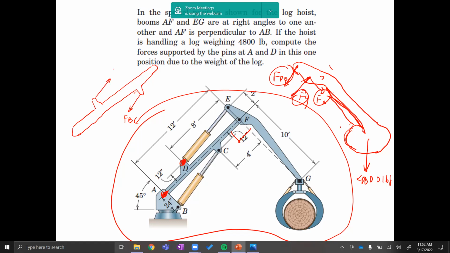Yes, AX and AY, sir. Supposed to be action and reaction with this one. Okay, FDE. What else? AX and AY. As usual, I will use this. Then Fx and Fy as well, right? Supposed to be action and reaction with this one. Oh, yes, sir.